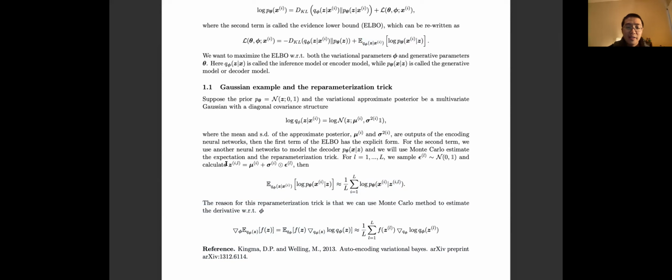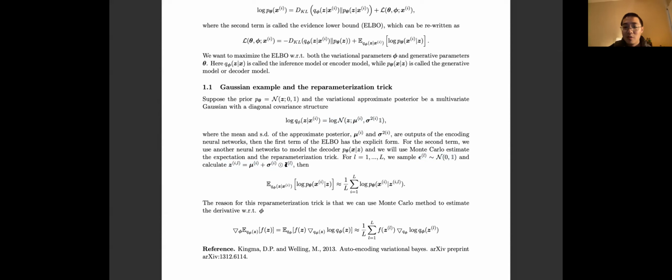So this is how to use the Monte Carlo method to approximate this term, but we can't use this directly, because if we sample Z, then Z depends on mu and sigma here. If we sample Z directly, then the sample will depend on mu and sigma, and we cannot use backpropagation to do the optimization. So in this case, we need to use the reparameterization trick. That is, we sample epsilon from the standard normal distribution, and then calculate Z as mu plus sigma times epsilon.